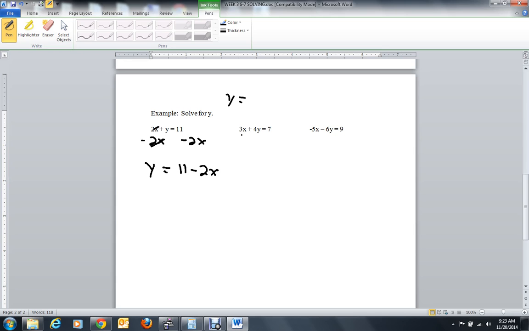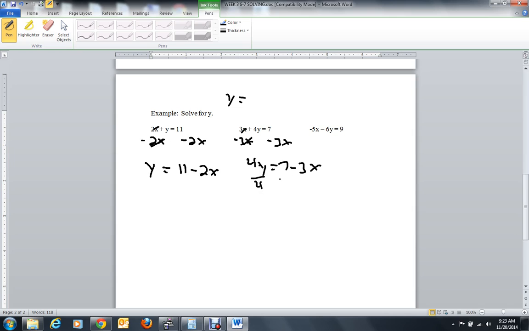To get rid of it, since it is a positive 3x, I'm going to subtract 3x from both sides. And we're left with 4y equals 7 minus 3x. Now, those weren't like terms. 7 minus 3x, 7 doesn't have an x, 3 did. So I couldn't combine them, so I just had to write them down as they are. Now to get the y by itself, that is 4 times y, I'm going to divide by 4.